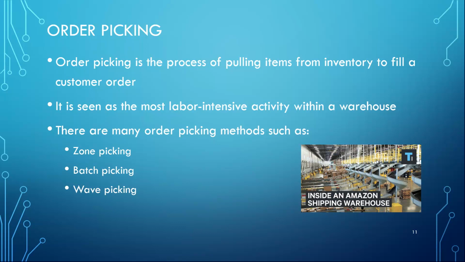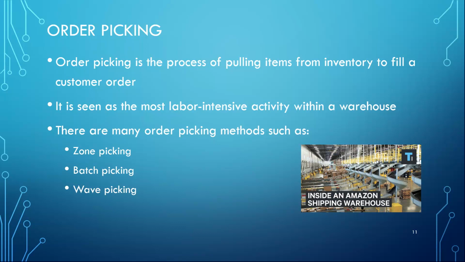To give you an idea, in zone picking, each order picker is assigned a specific zone and will only perform order picking within the zone that's been assigned to them. While for batch picking, an order picker is assigned and picks batches of orders.